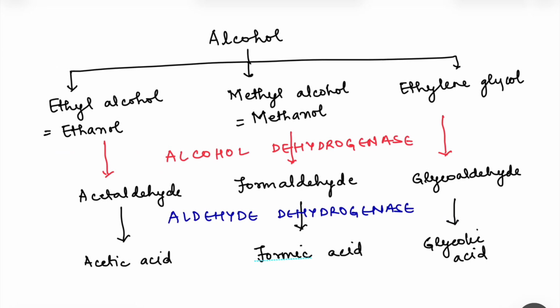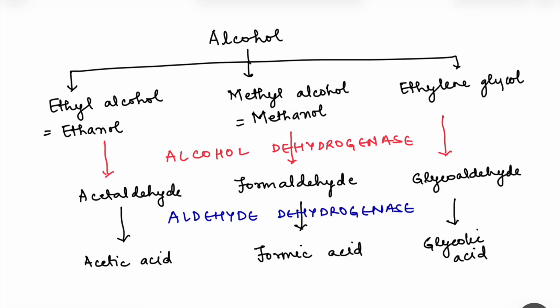So when we talk about alcohol, basically we are discussing their effects on the body and how to go for de-addiction and decrease their effects or prevent the toxicity. So for that we need to understand how they are metabolized in the body and what are the products which are produced. All of these three alcohols are metabolized by two enzymes.